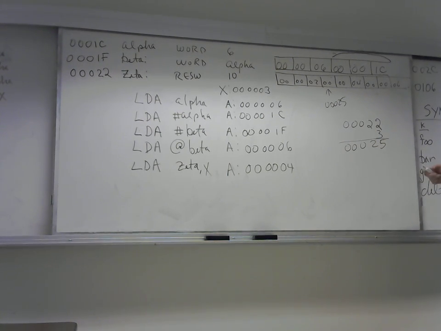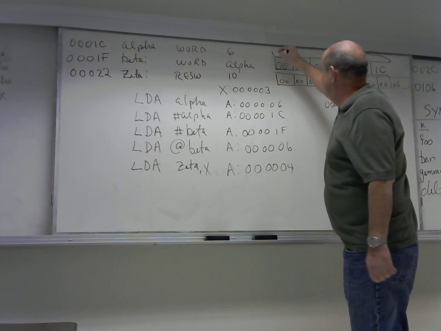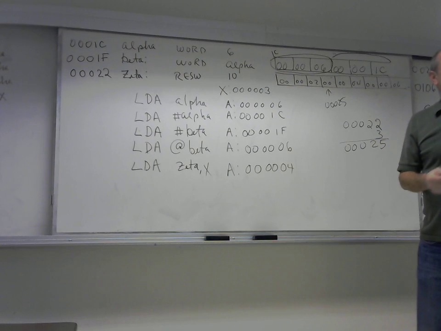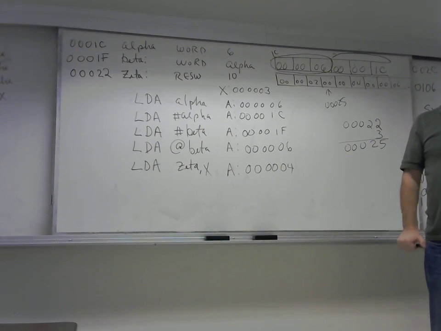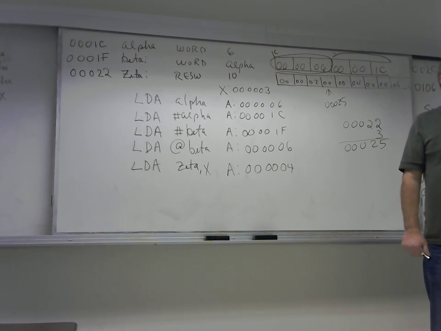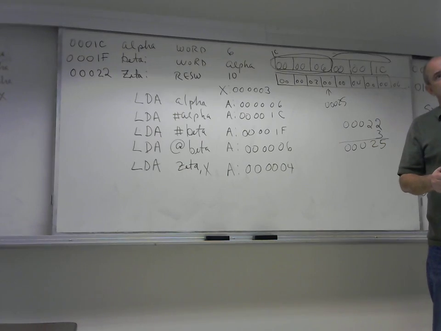Go to that address and dereference it. Well, that's 1C. Go there and take a word. Okay, so it's the indirection part of it. It's like a variable that has an address in it instead of a value.